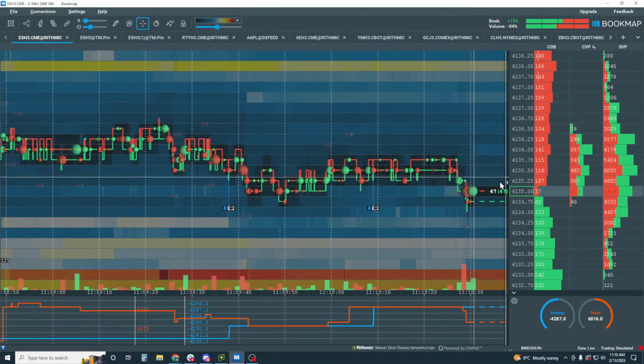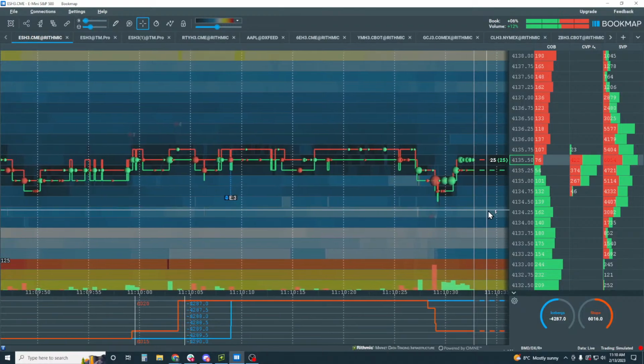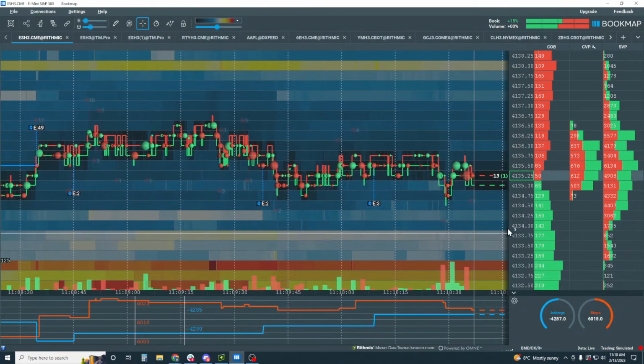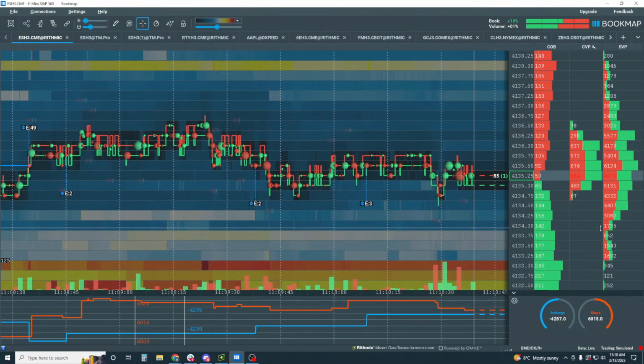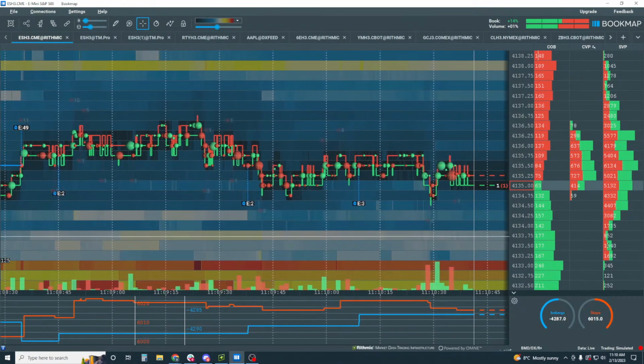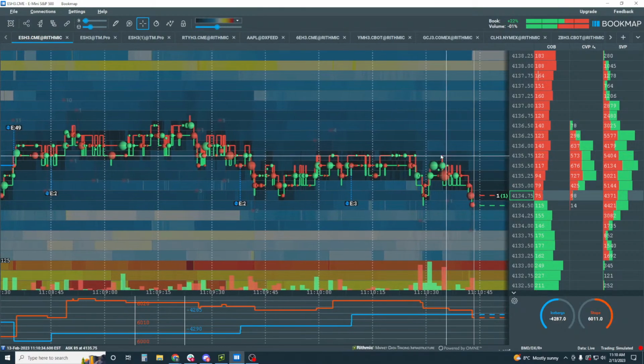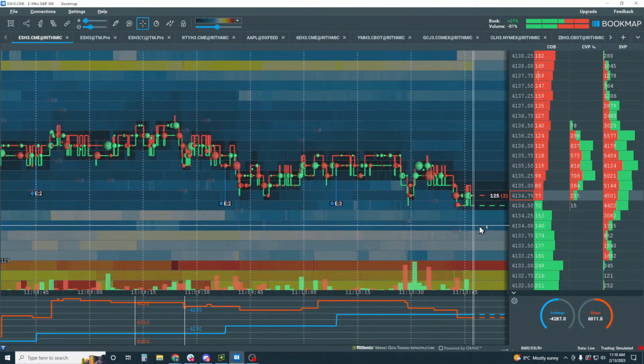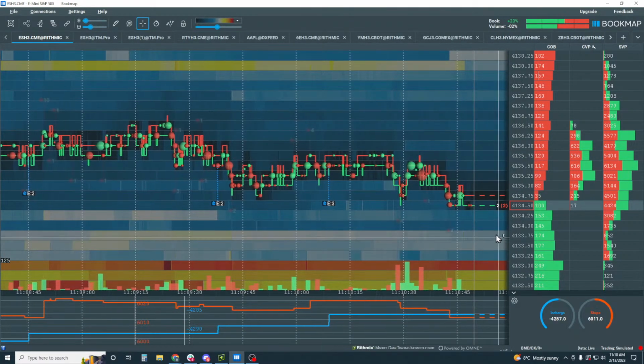There we go. All right, so let's see. Now look at the volume in here. See this whole range? I mean, there are buyers down here where it didn't really transact much. So this is a discount down here.